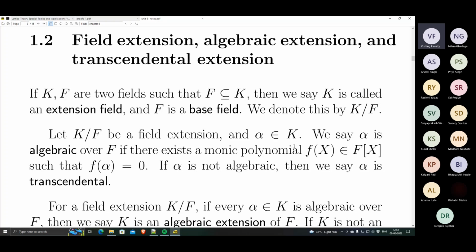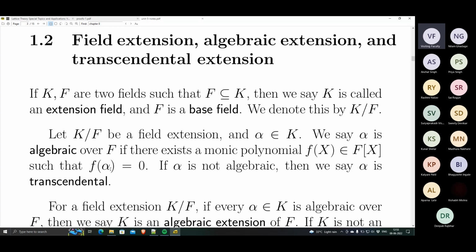So let K over F be a field extension and alpha be an element of K, the larger field, the extension field. And we say alpha is algebraic over the base field F if there is a monic polynomial over the base field, let's call it little f, such that little f of alpha is equal to 0.